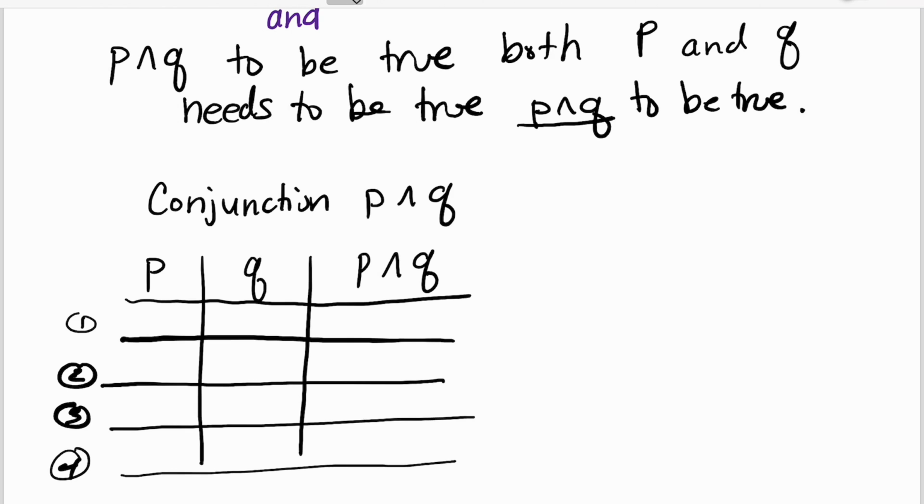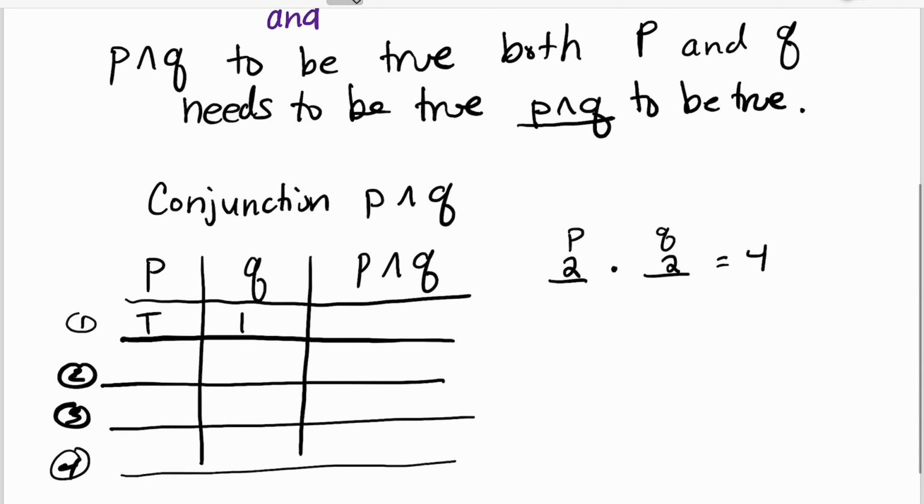The reason I know I should have 4 rows is because I need to put in all the possible truth values for P and Q. I have a spot for P and a spot for Q, and I want to find all the possible combinations. I have 2 possible choices for P, true or false, and 2 possible choices for Q, true or false. When I multiply them together, I get 4. So that means I'm going to have 4 rows. There are 4 different combinations of true and false that I could have for P and Q.